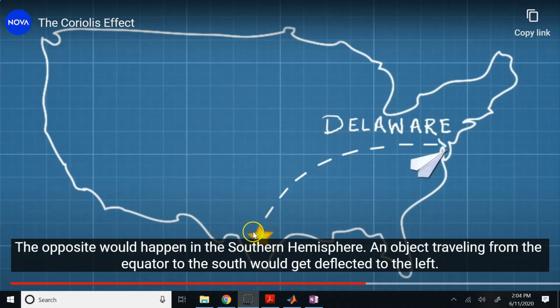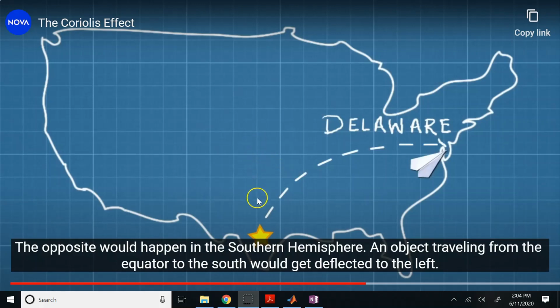And so this excessive angular momentum that this airplane has in Texas with respect to Delaware is not just going to go away. Actually, its angular momentum is conserved because there is nothing to make that angular momentum go away or increase. We're going to look at this topic in chapter 16. It's called conservation of angular momentum.